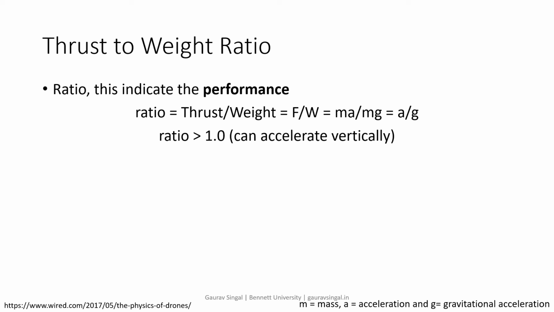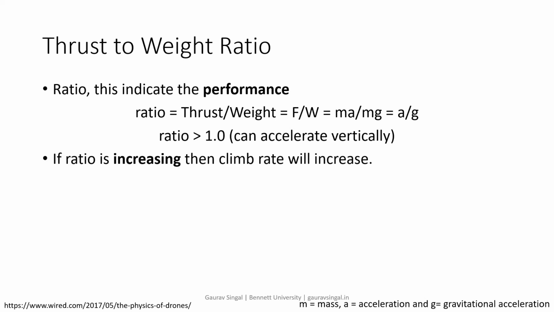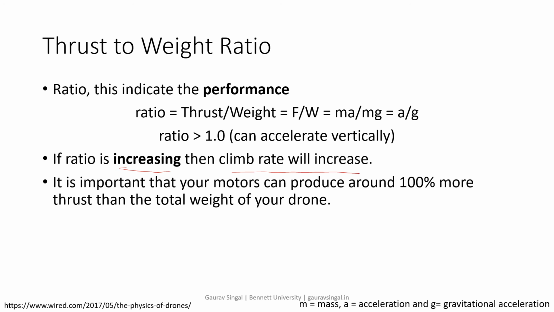I told you yesterday in the last lecture, the ratio should be around 1.5 to 2 for better movement in windy conditions. At least it should be greater than 1.0. If the ratio increases, then the climb rate will increase.